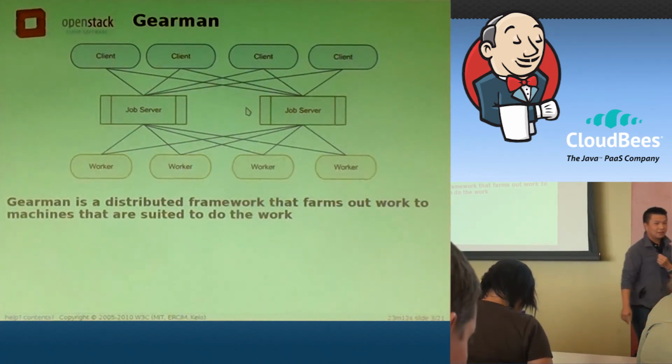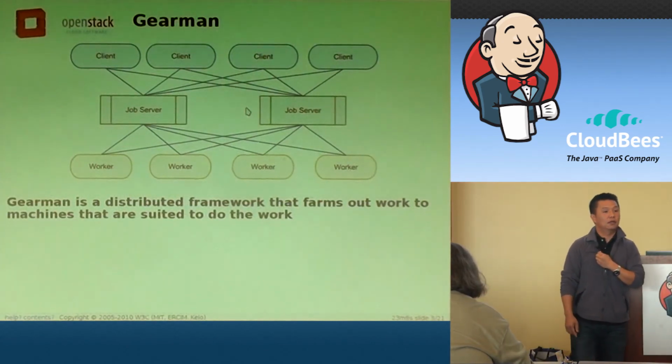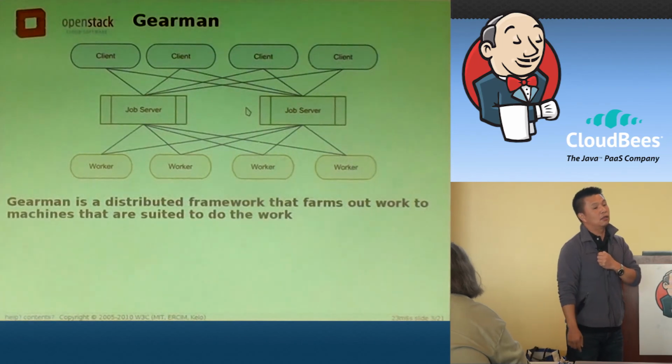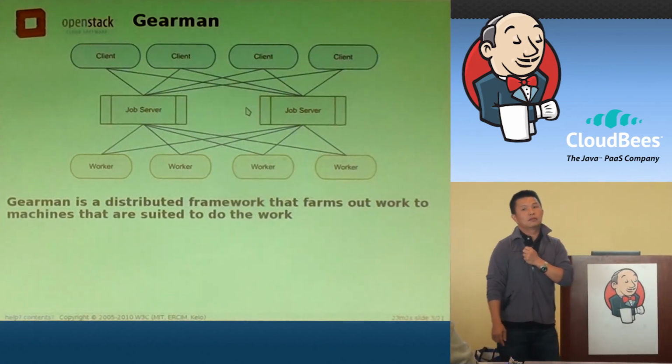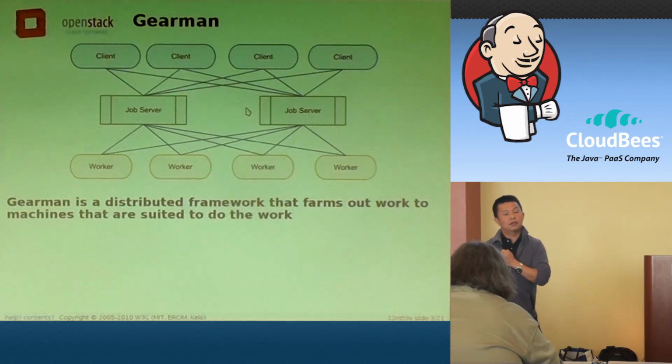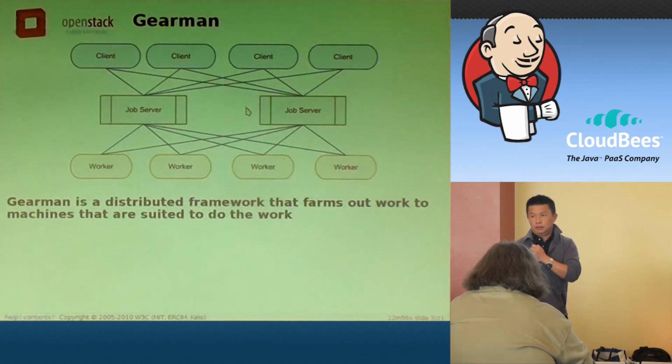Yes. Question? Is there an import function in Gearman to take job definitions from Jenkins and turn them into Gearmanese, or do you have to manually redefine all of your jobs in Gearman so that you can then delegate them to the Jenkins?